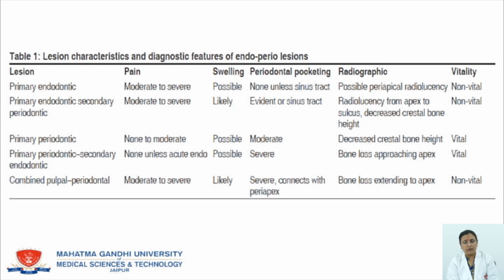Swelling might be possible. Periodontal pocketing is severe. Bone loss can be seen approaching the apex, and the pulp may remain vital in some canals. In combined periodontal and pulpal conditions, there is moderate to severe pain, swelling is likely, periodontal probing is severe and connects to the periapex, bone loss extends to the apex, and the tooth is non-vital.